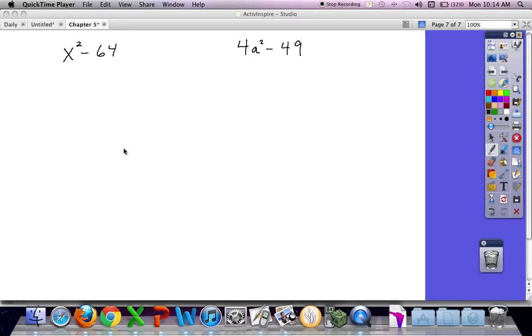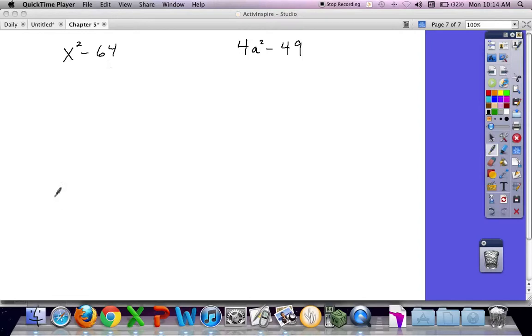Literally, the subtraction of two terms that could be written as squares. Now, one thing you're going to have to remember when you do any of this is you got to remember what the perfect squares are.